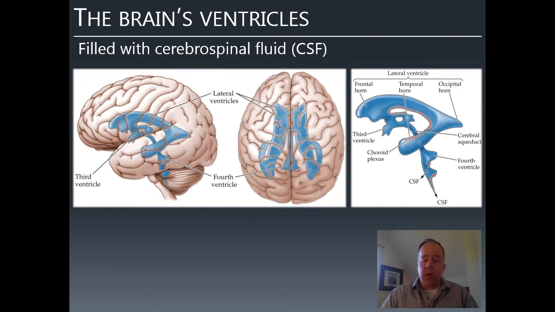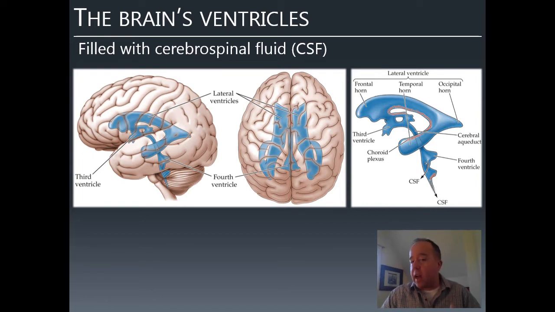And so we've already seen the glial cells that are responsible for this. The ependymal cells line the ventricles and produce CSF. You're always making more and recycling it. So this is a fluid that is inside the brain and also outside the brain. The brain is floating in a bath of cerebrospinal fluid.